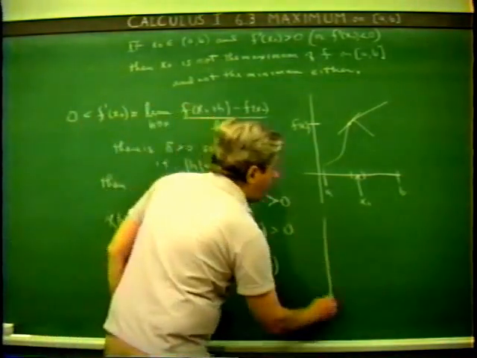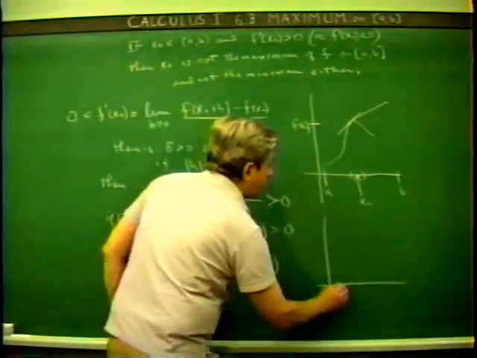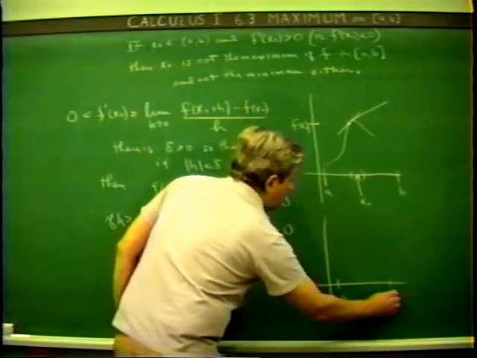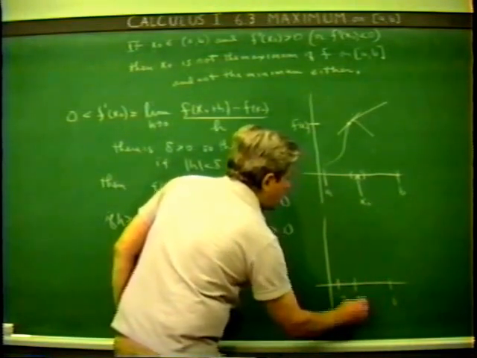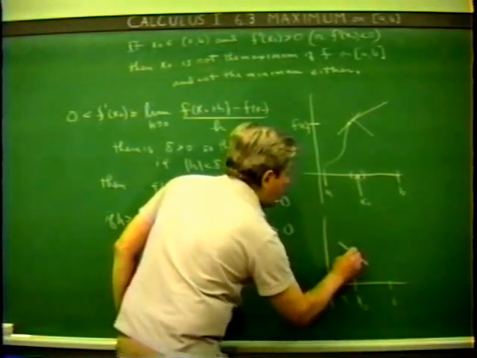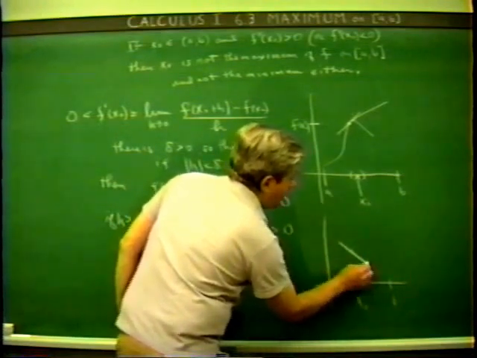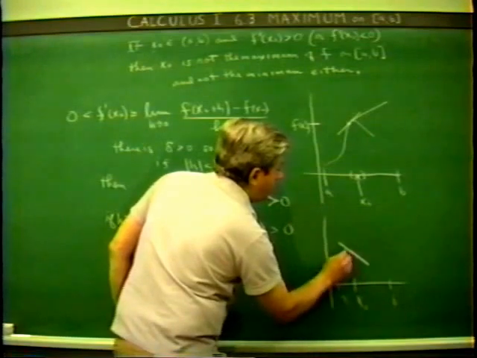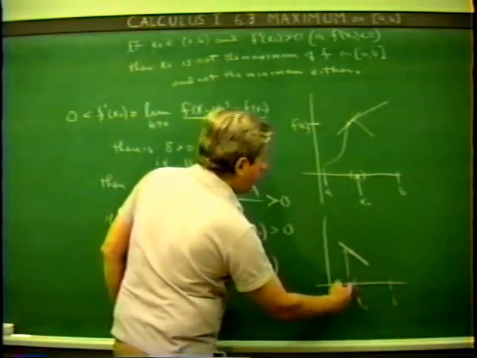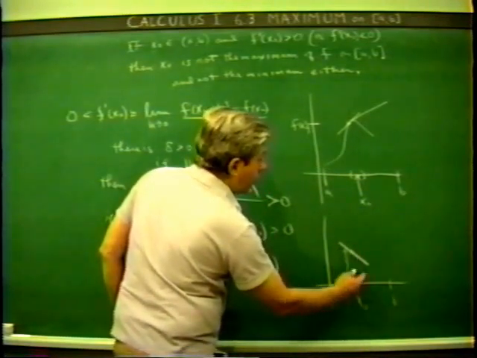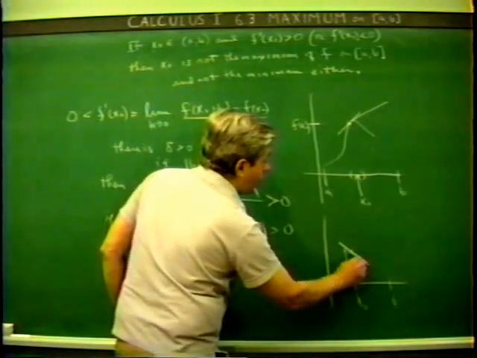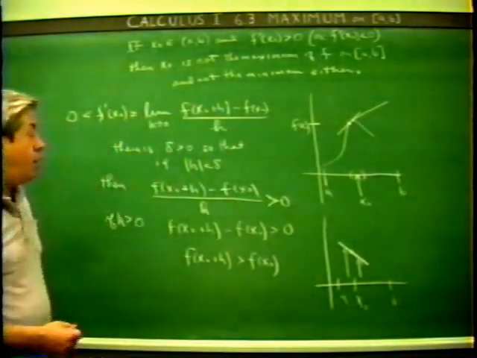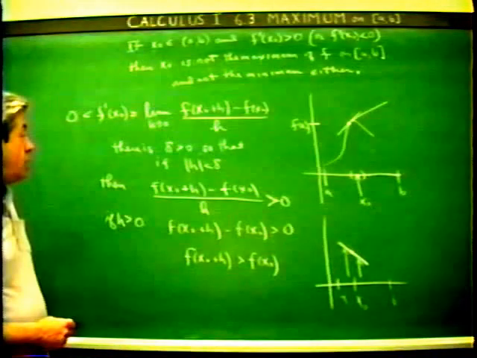Right? And now a similar picture holds if the derivative happens to be negative. That's to say, here's a and b, and if this is x naught, and the derivative is negative, then the slope of the tangent line is like so. Values to the left of x naught, a little bit, will be larger than the value at x naught, and values to the right of x naught will be less than the value at x naught.